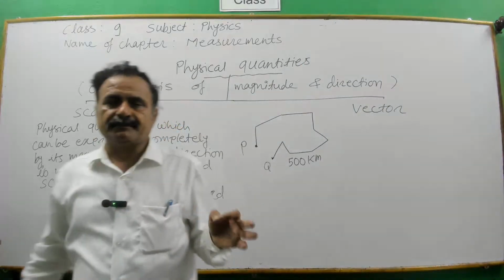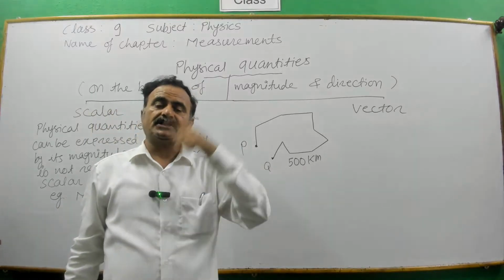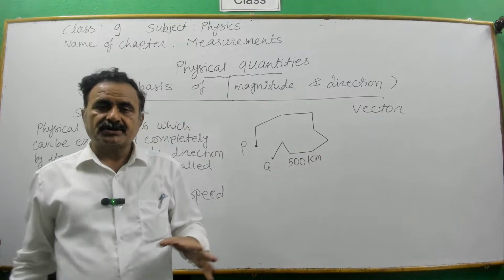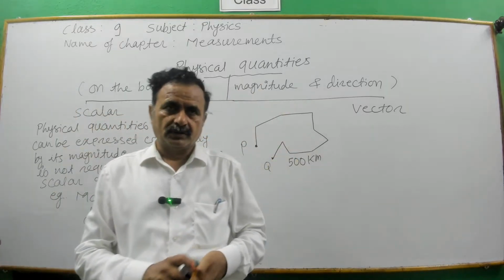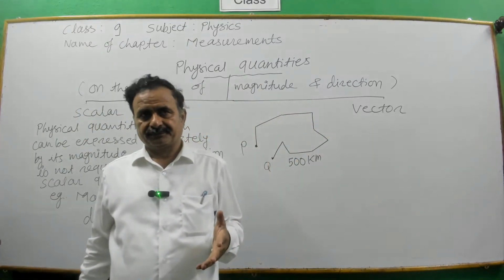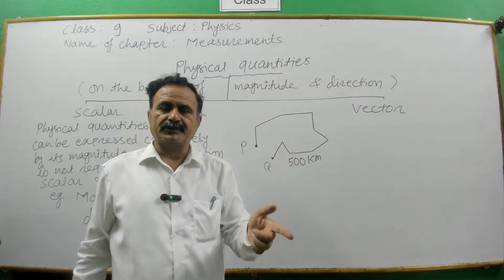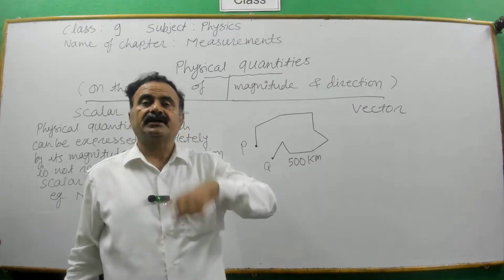Now vector quantities. What do you mean by vector quantities? Vector quantities are the physical quantities which are expressed by magnitude and direction. To express a vector quantity, we need its magnitude as well as its direction.